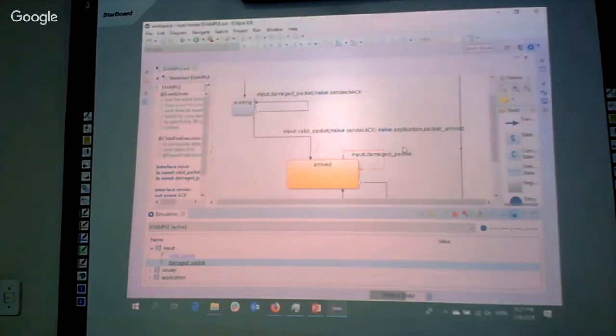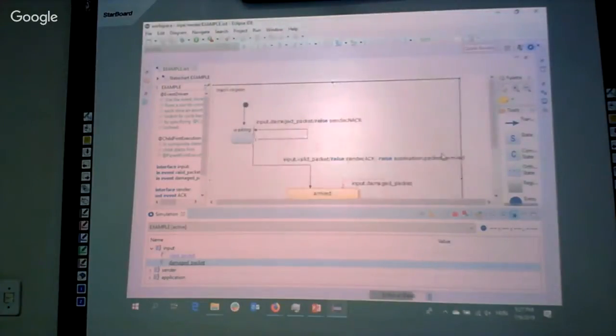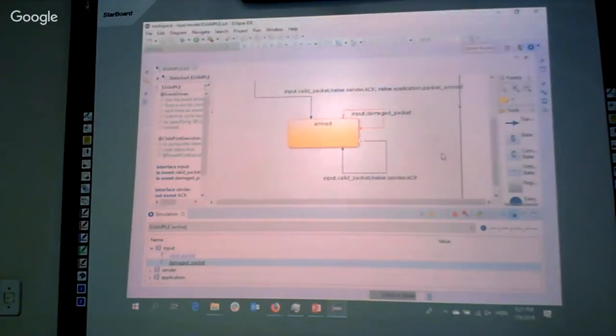And tomorrow we will learn the complex states and how we can use abstraction in the design of these kinds of systems. And we will learn how to use this tool, and you can do your exercise with the help of these Yakindu state chart tools.